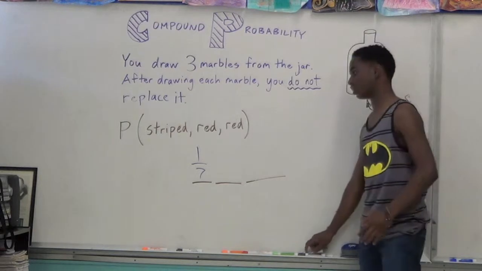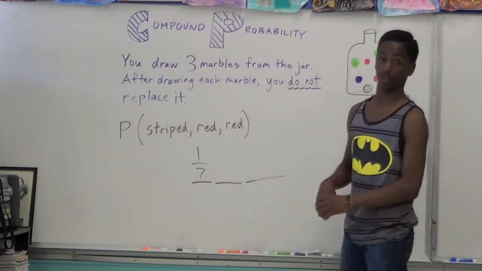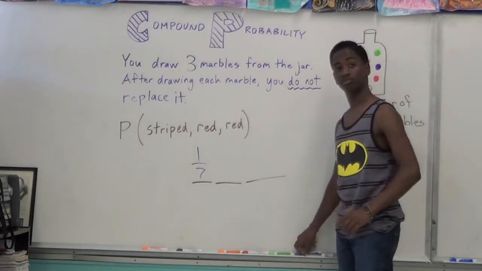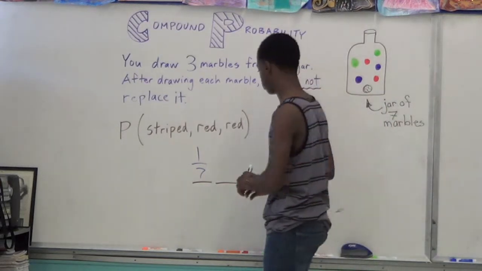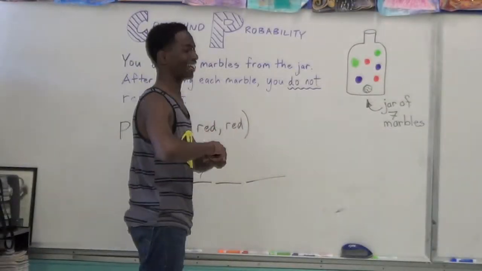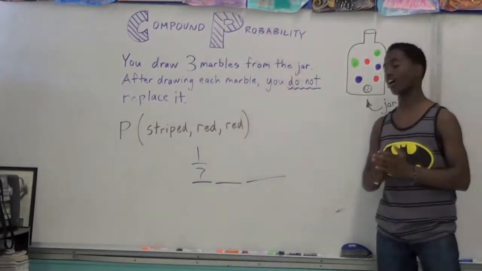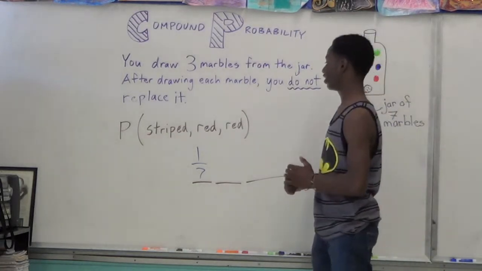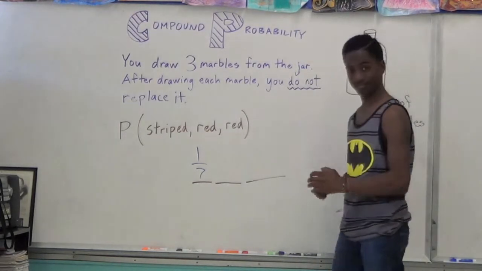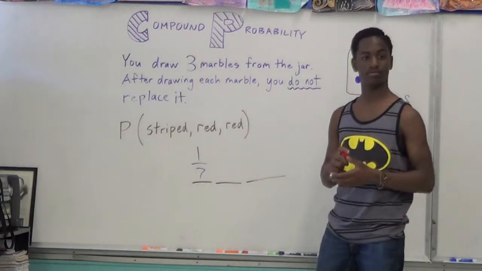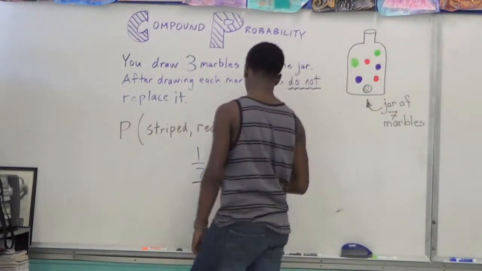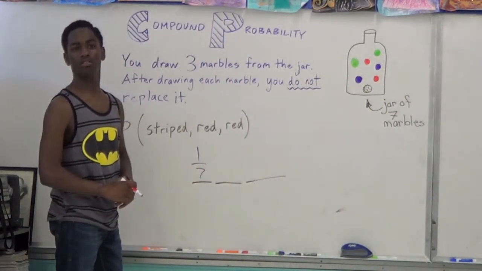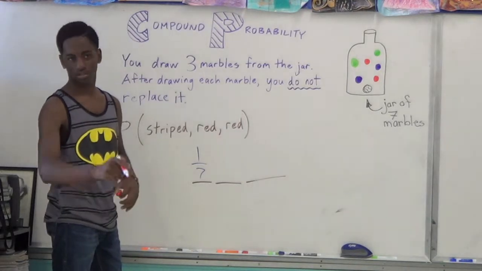So, what's going to be the probability of us drawing a red marble now? Joshua? 2 out of 8. That's correct. No. Alright, what is the probability of drawing a red marble because we can't replace it? Quentin? 2 out of 6. That's correct. Can that be simplified? To what? 1 out of 3. That's it?